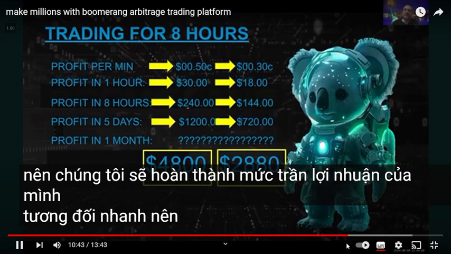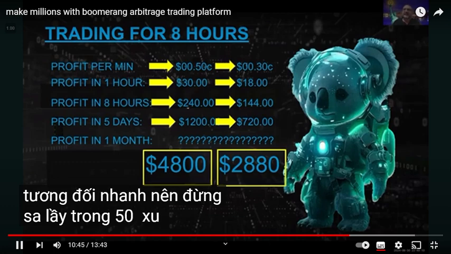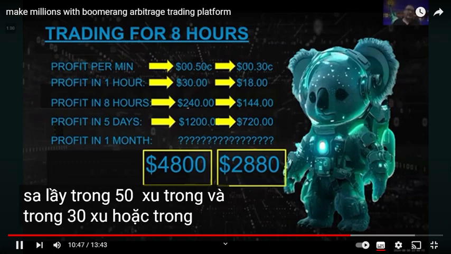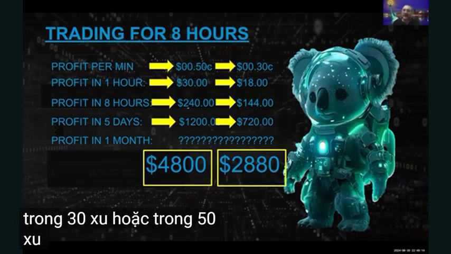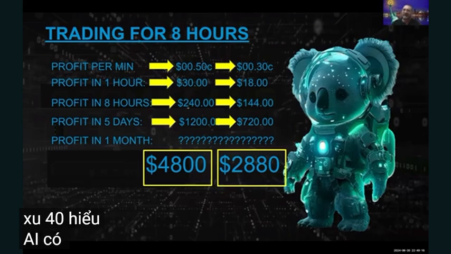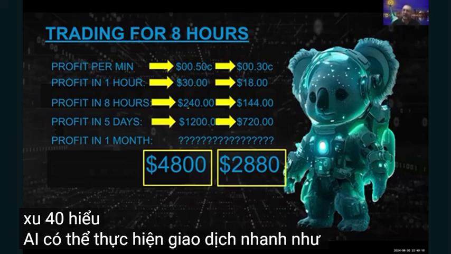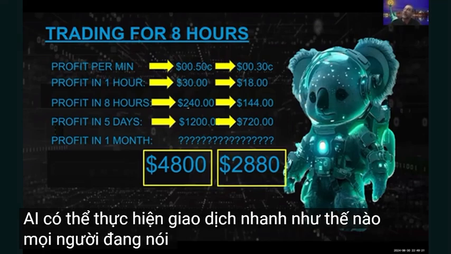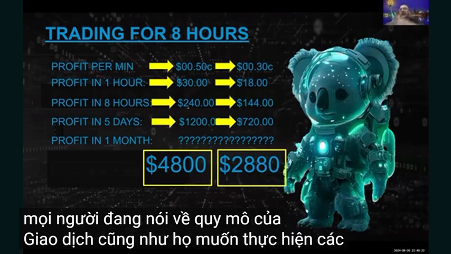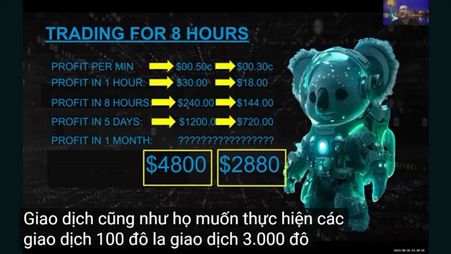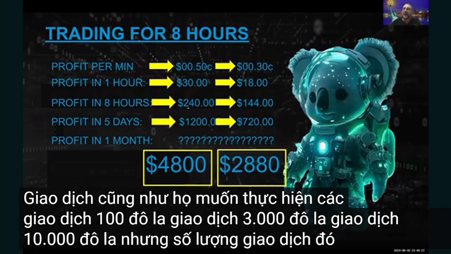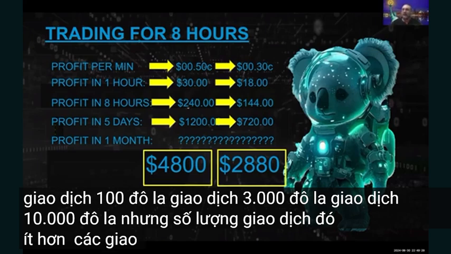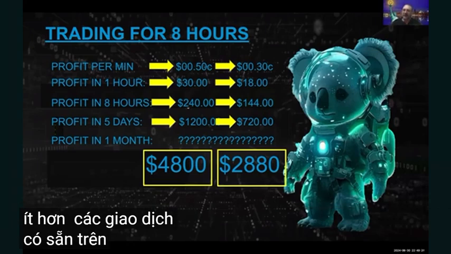So don't get bogged down in the 50 cents and in the 30 cents or in the 50, 40 cents. Understand how quickly the AI can execute a trade. People are talking about the size of trades as well. They want to do $100 trades, $3,000 trades, $10,000 trades, but there are just less of those trades available in the marketplace.